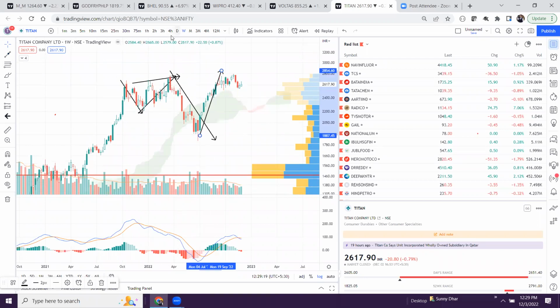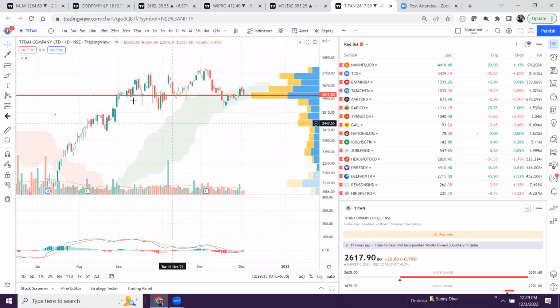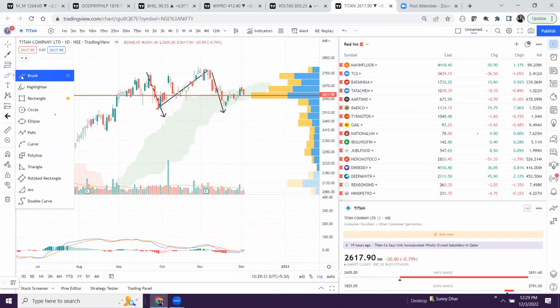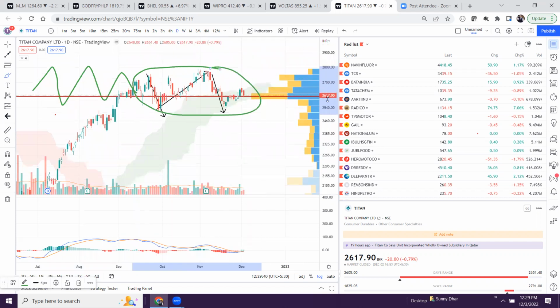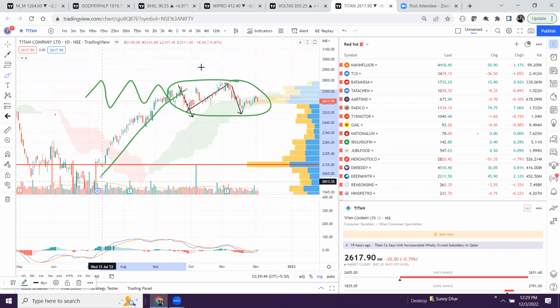Now let us go to the daily chart. Is this a fast move or a slow move? You can say this is a range, right? It's a slow one, so this is a correction. Now a correction is separated by an impulse.